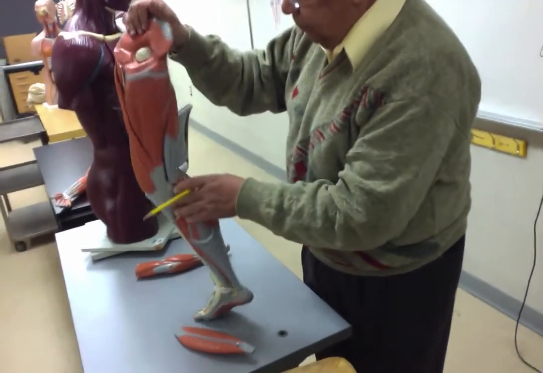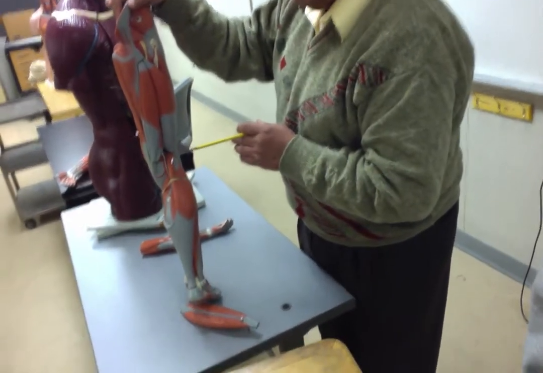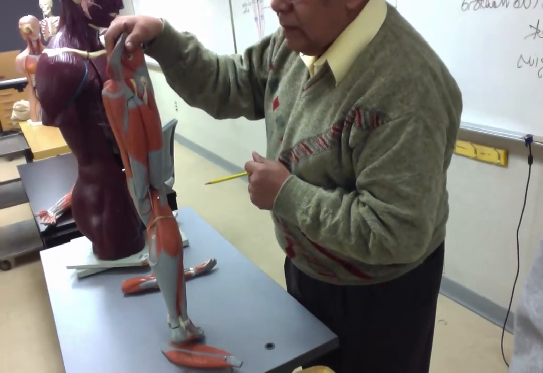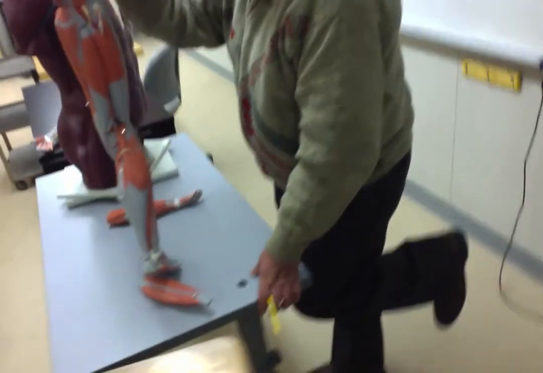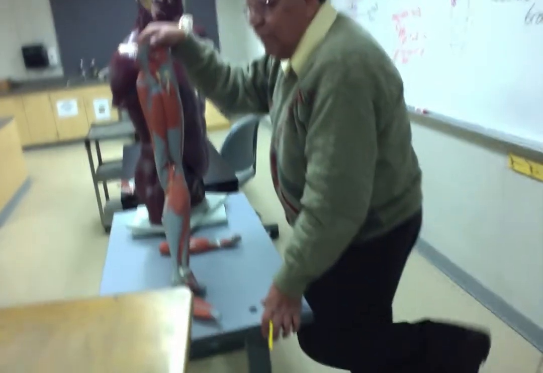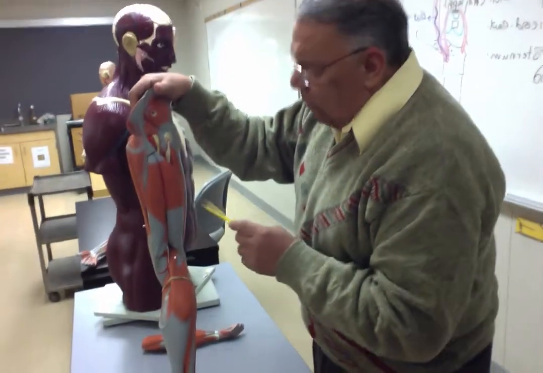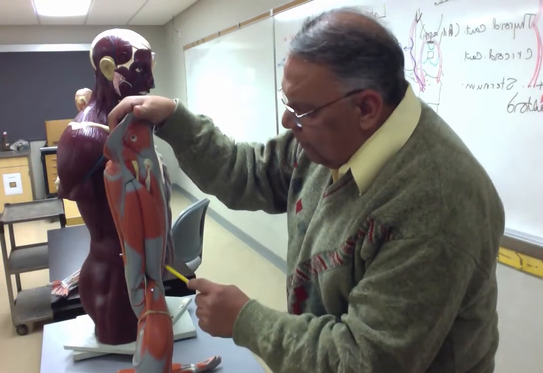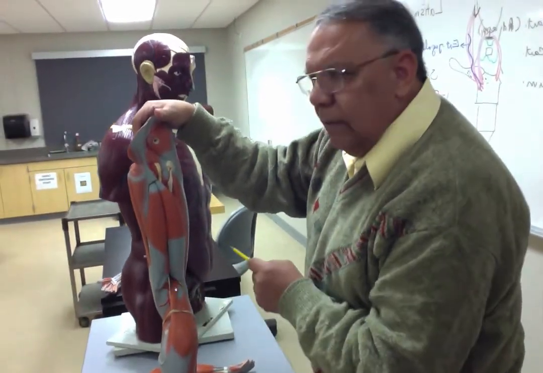Back of thigh. The group of muscles all together is named the hamstring muscles. What are the hamstring muscles? Their action is flexion of the knee, the opposite to the front, or extension of the hip. These muscles are biceps femoris, and then two muscles hugging each other.